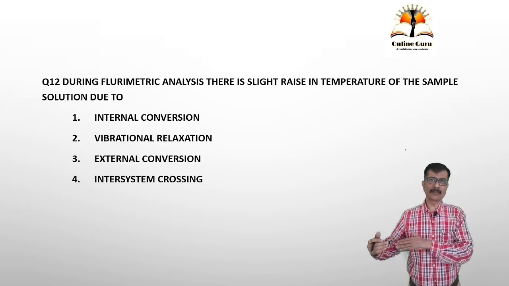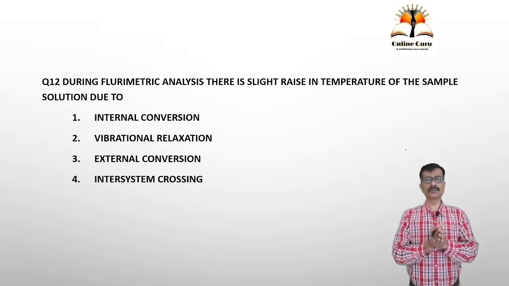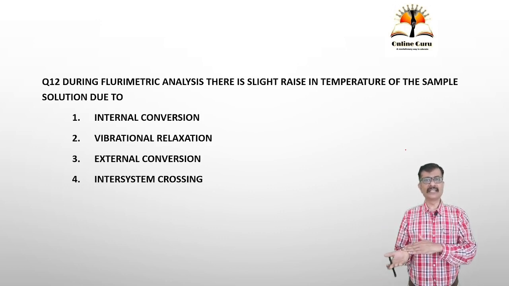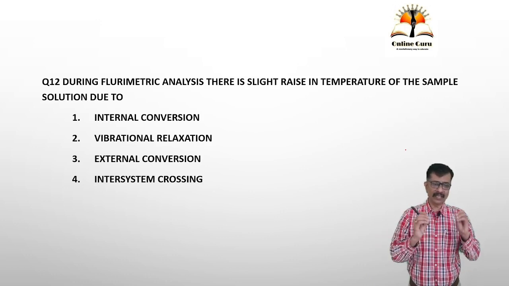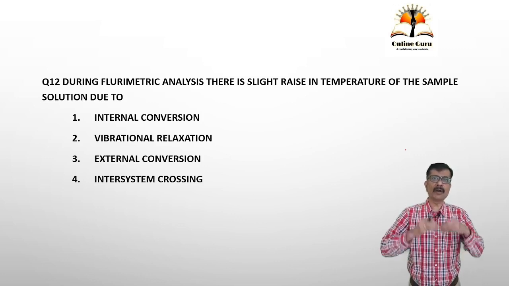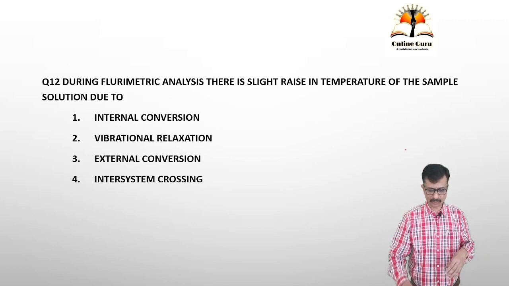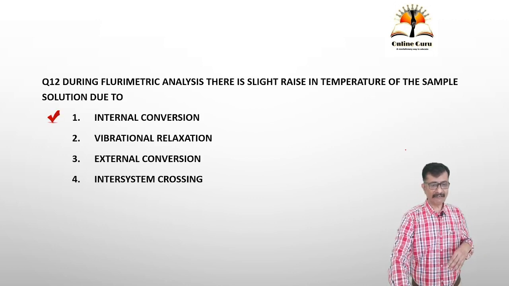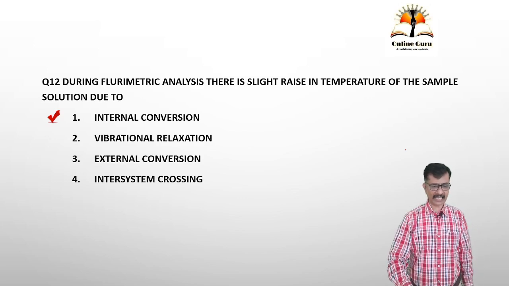Intersystem crossing is the conversion of the excited singlet state to the excited triplet state because of a change in the spin of the electron. So the release of energy in vibrational relaxation is in the form of heat, and because of that heat energy there is a rise in temperature of the medium. So the answer is vibrational relaxation, not internal conversion.